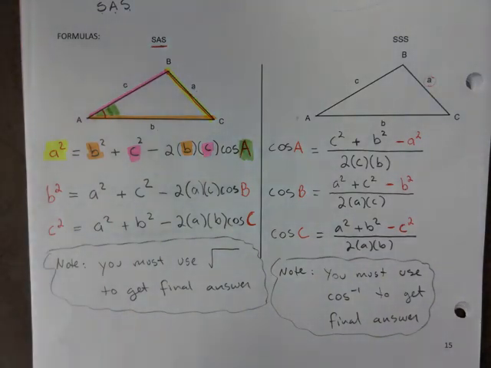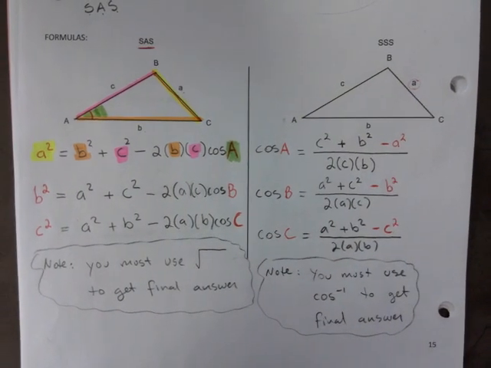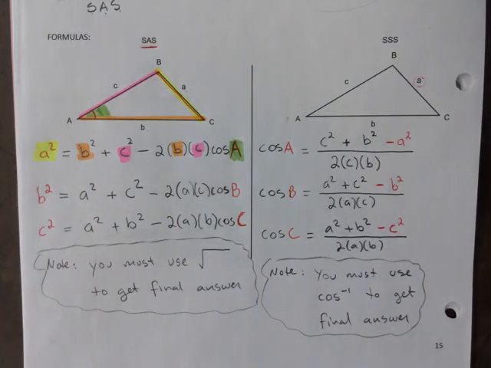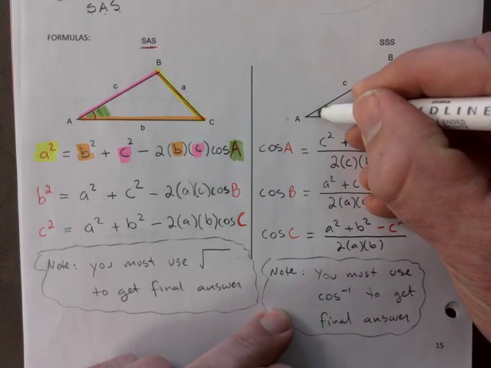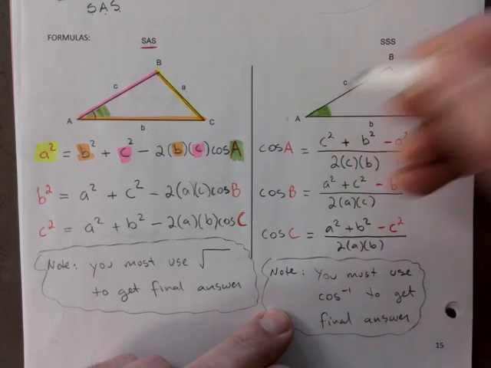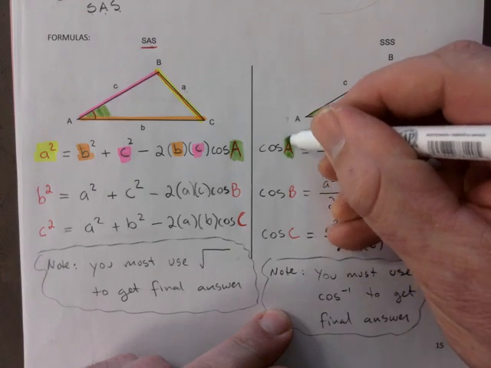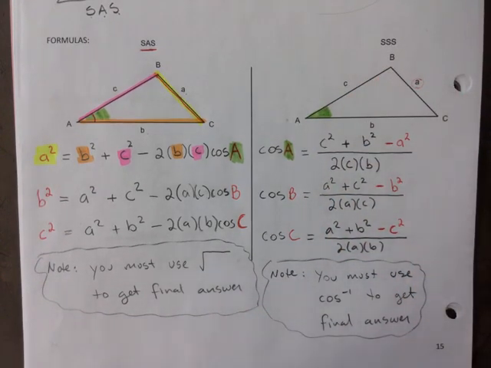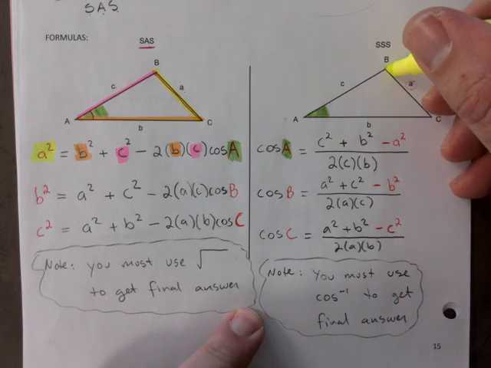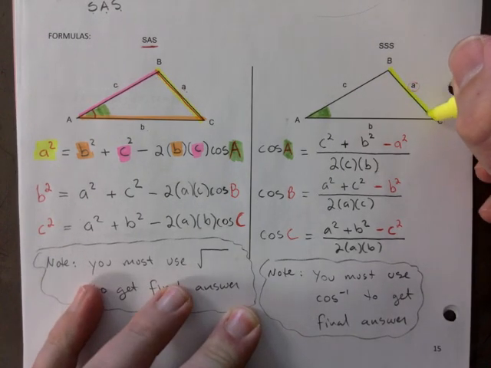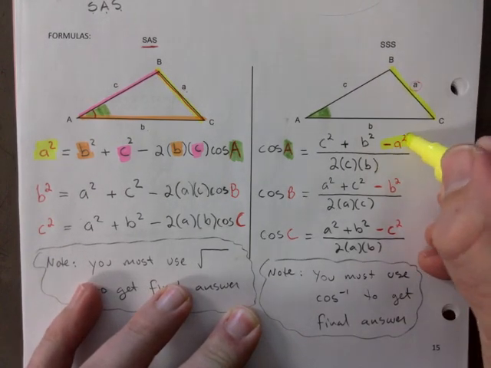And then this next one here, side, side, side, I might do the same. If you're trying to solve for this angle here, if that's the one you want to find, then you need to focus on the side that's across from it. So maybe I'll use this color again. This one here goes here.